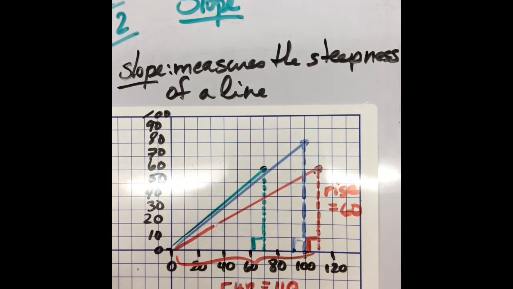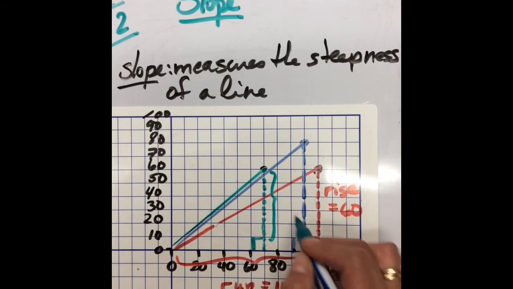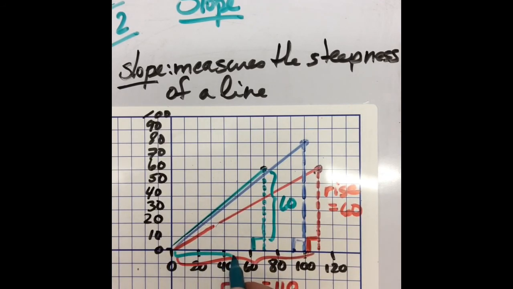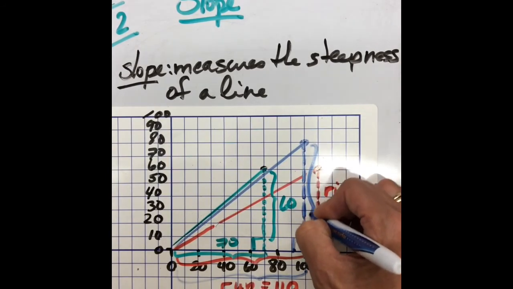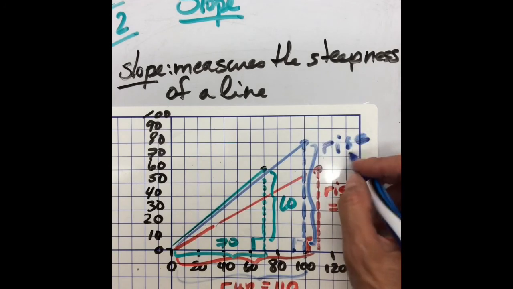Okay, now the other one, we've got a rise of 60 and a run of 70. And finally, the last one, the blue one, is a run of 100 and a rise right over here of 80.